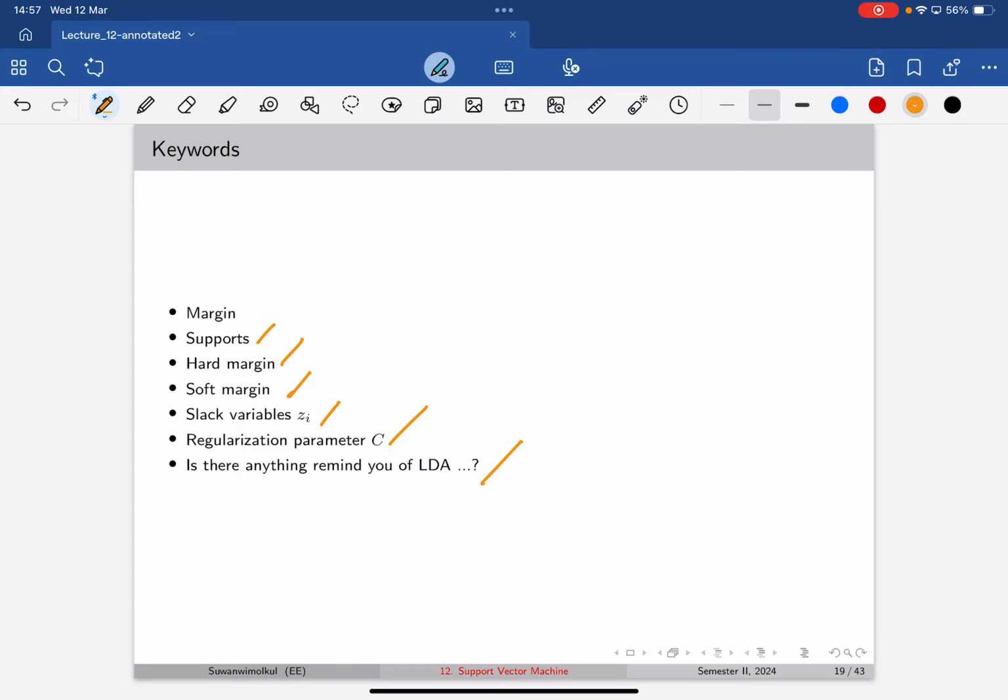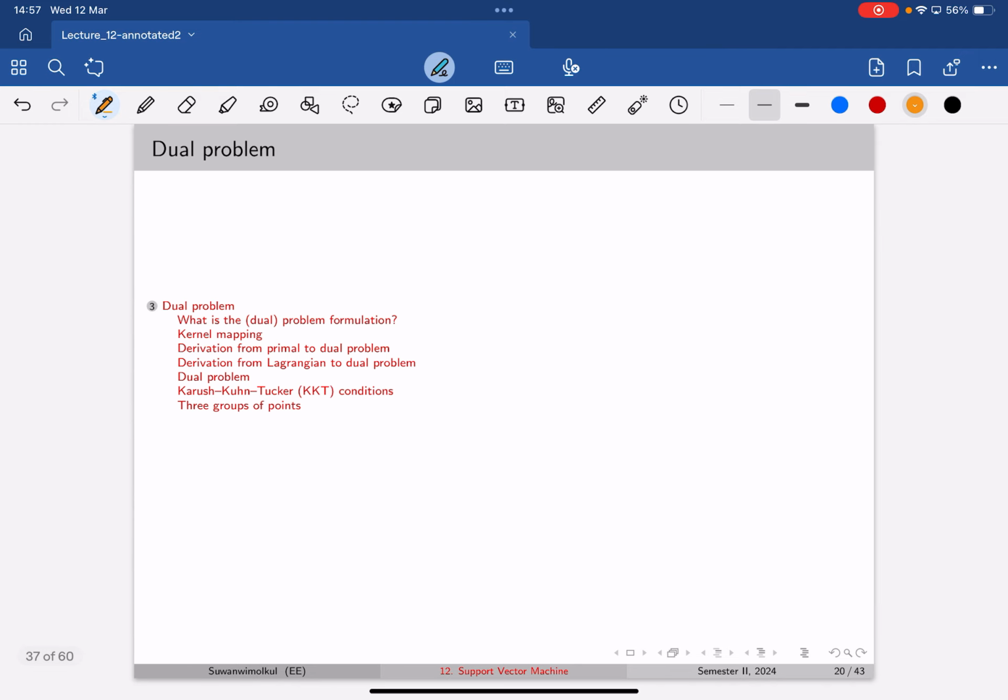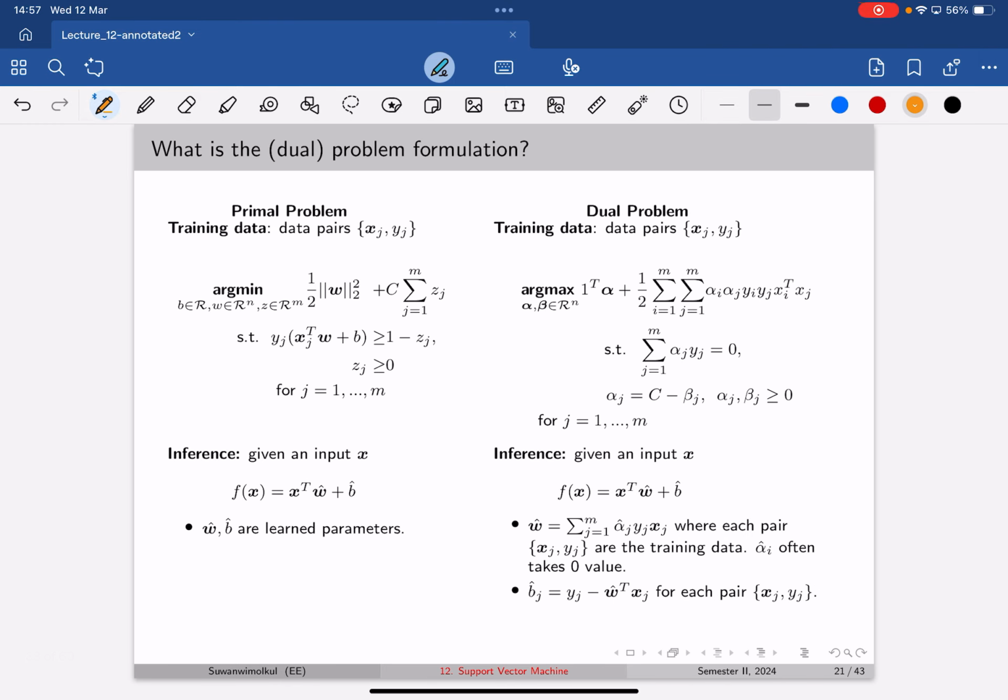Okay, that's it for today. For next week, if you have enrolled in the course on optimization, have you? Okay, we will probably go through some dual problems. Actually, I will just give you a heads up. On the left-hand side is our previously learned soft margin SVM.